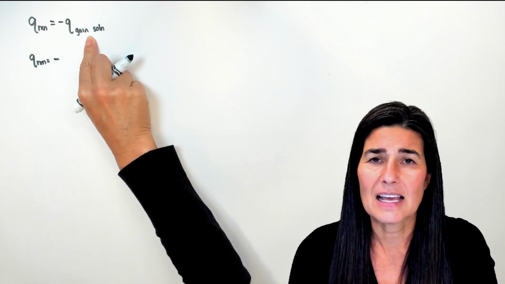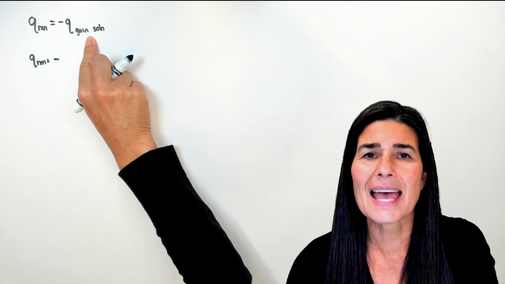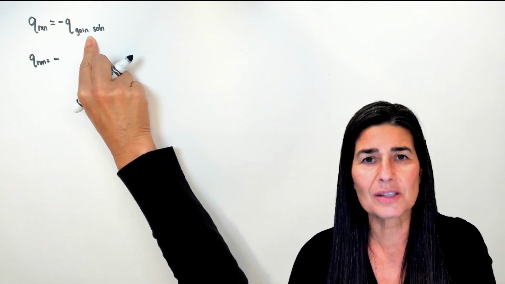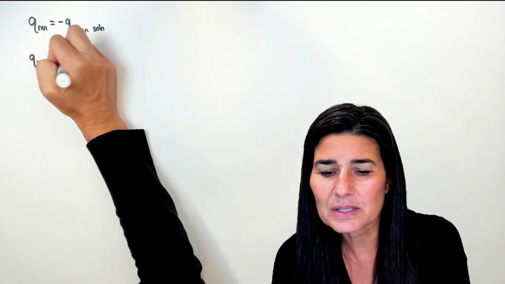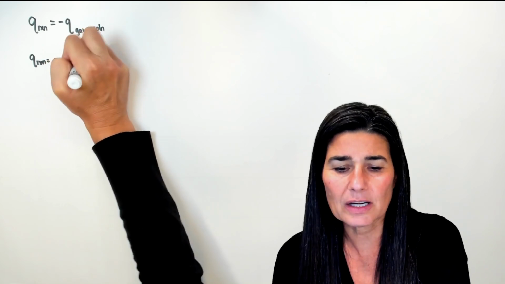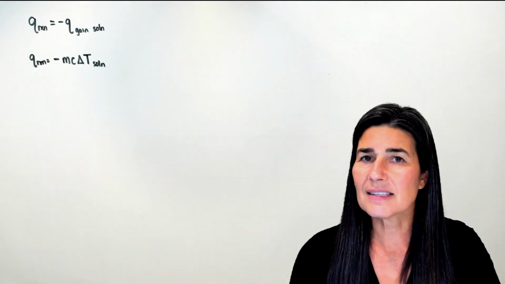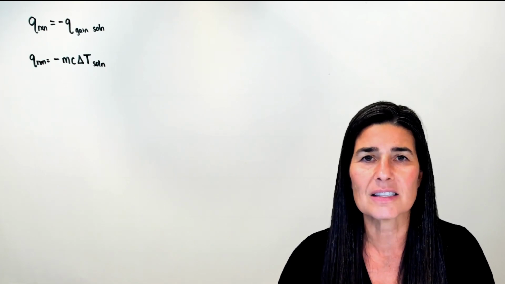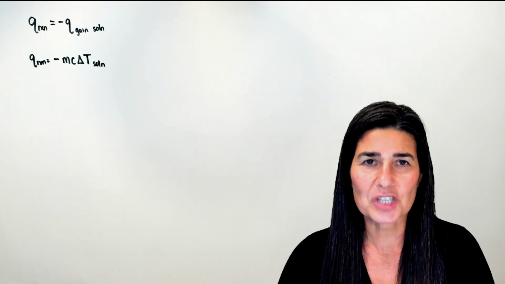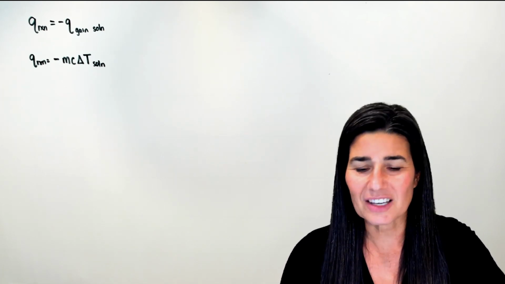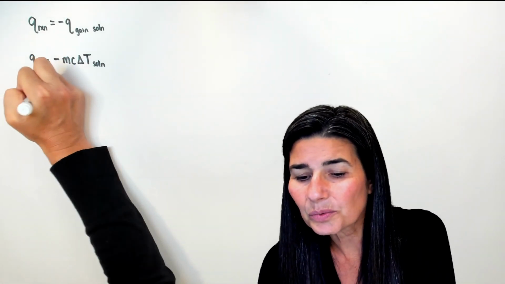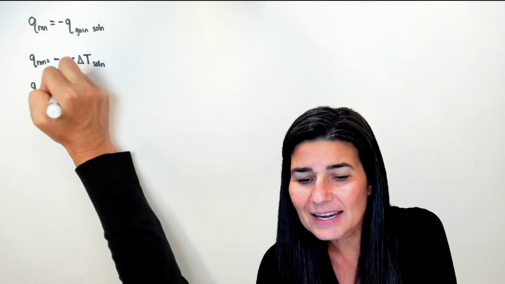We'll say gained. But how do we do a temperature change of the solution? Well, we're going to use mCΔT of the solution, where m is the total mass of the solution, C is the specific heat capacity of the solution, and ΔT is the temperature change. Let's go ahead and plug in our values. Q reaction equals negative.